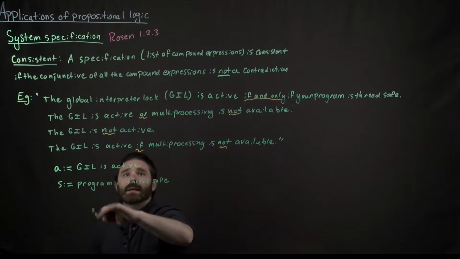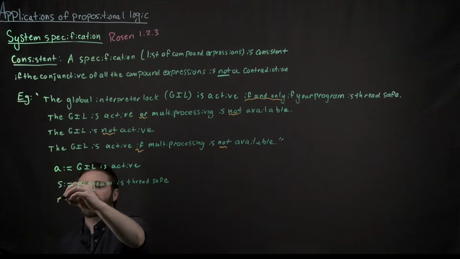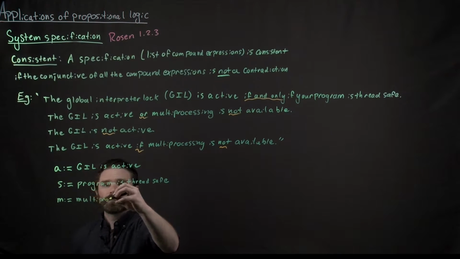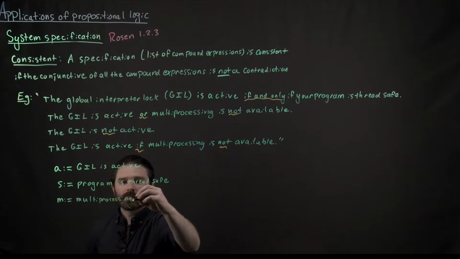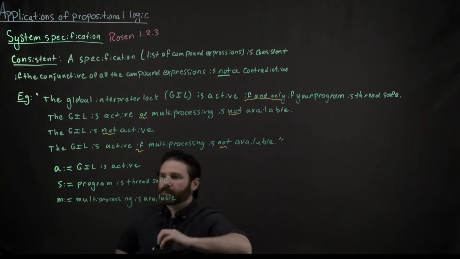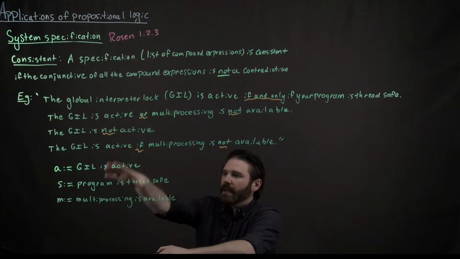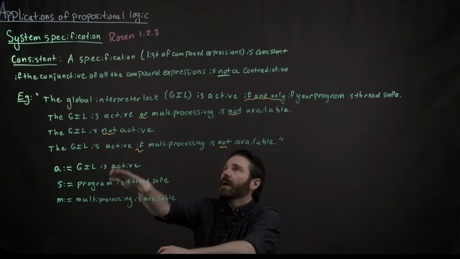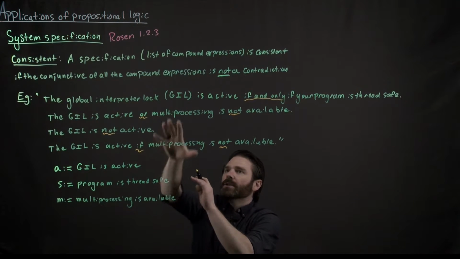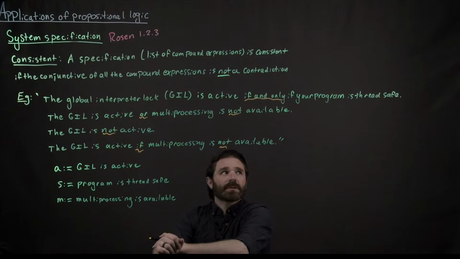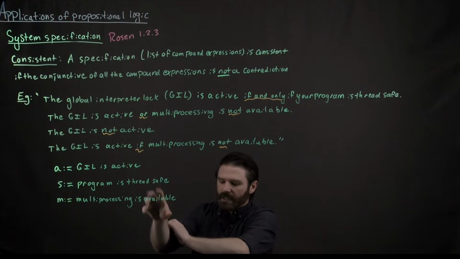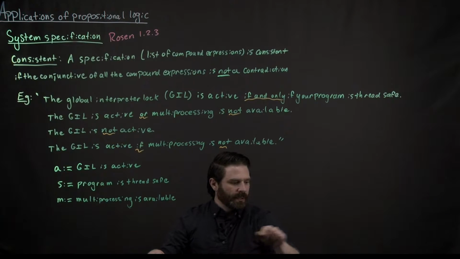And lastly, I had multiprocessing. So I'm going to define these as my three propositional variables, and let's go ahead and interpret these logical statements into propositional logic using these particular variables.